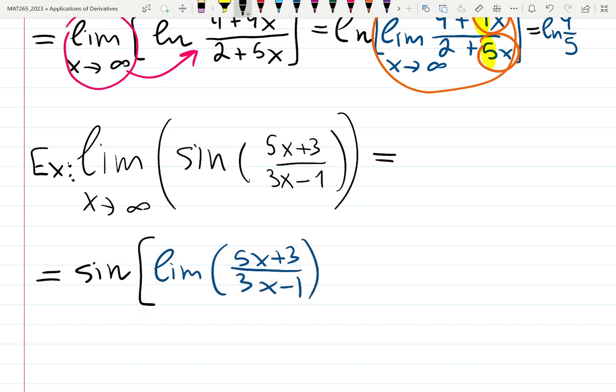Sine is waiting for the limit to be solved first. Then the answer will be 5/3 again, and it'll be sine of 5/3. Agree? Limit of sine at infinity actually does not exist, but in this case, yeah?